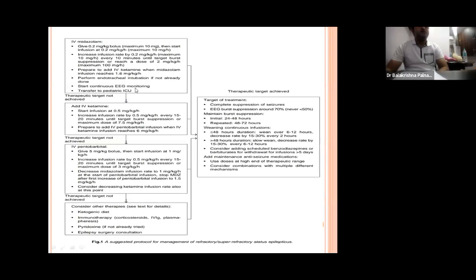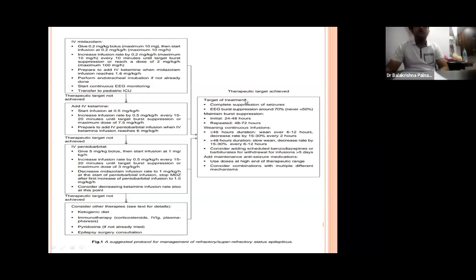You need to start EEG monitoring, ET intubation if not already done. If therapeutic target not achieved, no burst suppression, you can start IV ketamine or pentobarbital or thiopentone. If still your therapeutic target not achieved, you can consider other therapies such as immunomodulation and pyridoxine or ketogenic diet.